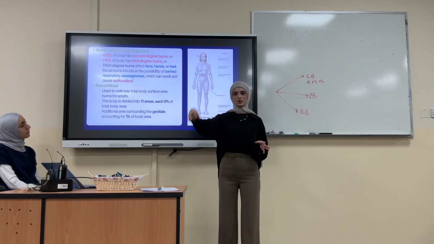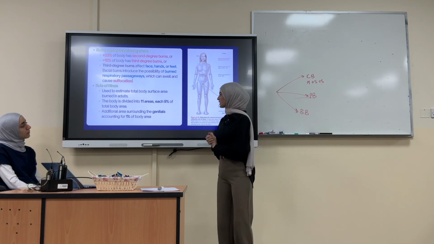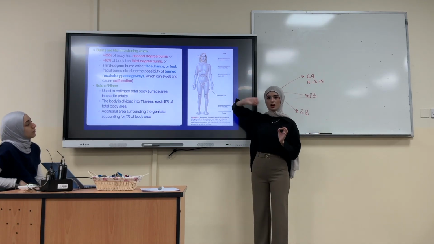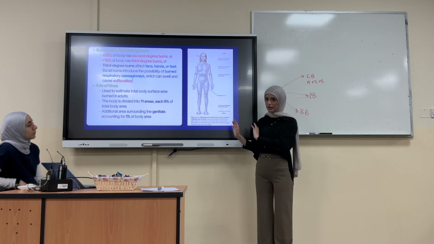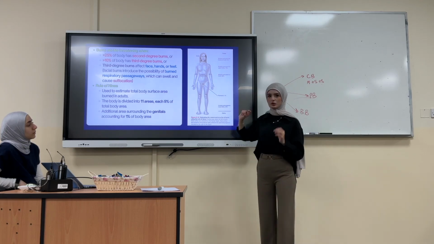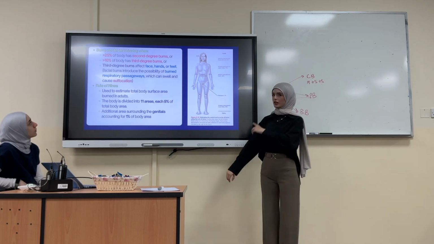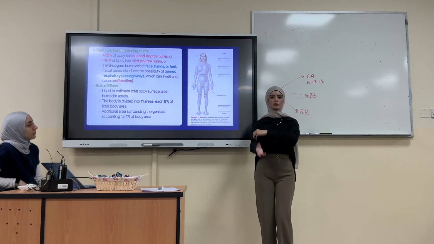Each area constitutes 9%, and then you have 1% for the genitalia area. These percents here are only the anterior portion. This is very important, okay? These percents shown here are only for the anterior portion, which means that if I were to burn the anterior portion of my right arm, how much percent is that?